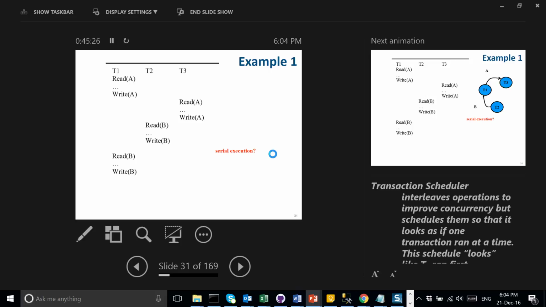Serializability means the transactions will run, and the database state will be exactly the same as if we ran them serially, one after the other. That's what serializability means. Now, there are two major techniques databases use. There is one family of techniques, we call them pessimistic techniques. And another category of techniques, we call them optimistic techniques.